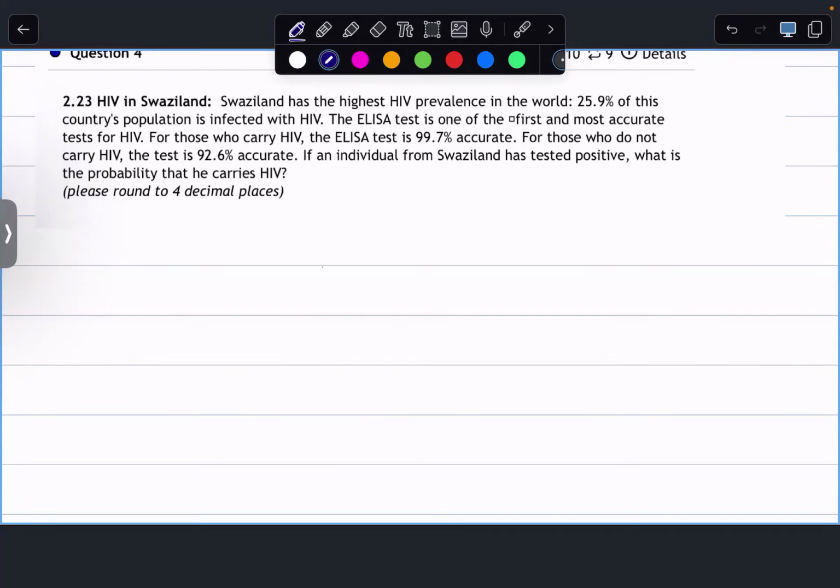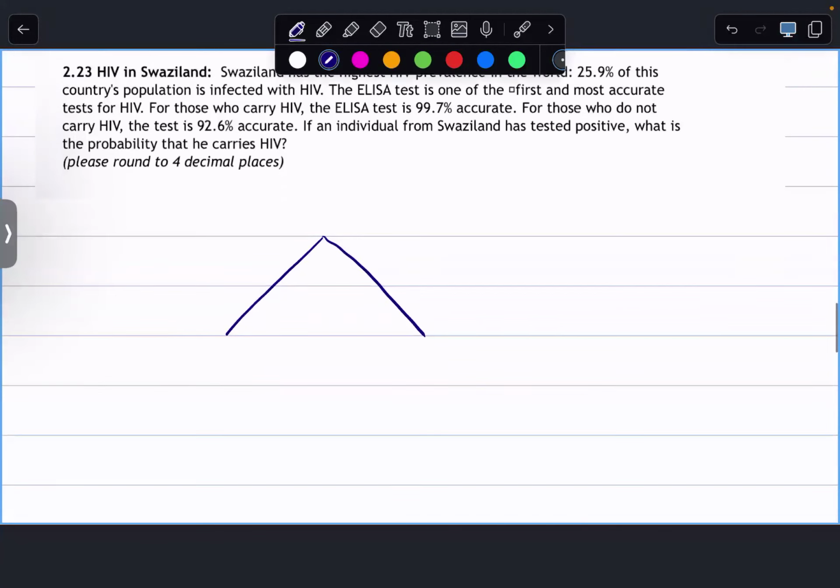And so what we're going to do here is start with our first layer, which is going to be someone either has HIV or they don't. Or maybe we can do the complement here, using some notation that we're used to seeing.